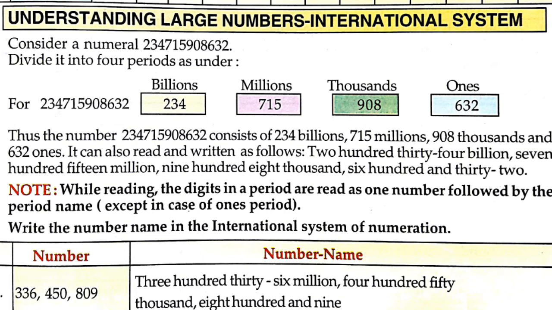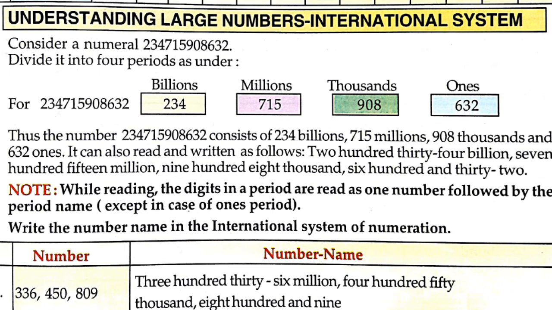Okay, you see another number. You see this picture, 336450809. So in the ones period the 3 numbers are 809. In the thousands period the numbers are 450, and in the millions period the numbers are 336.